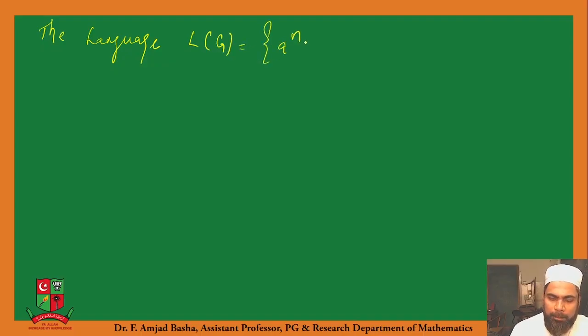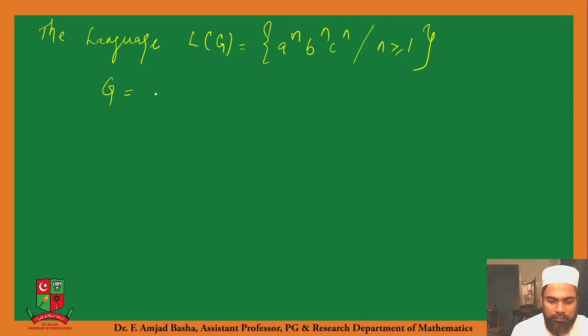The language A power n, B power n, C power n, such that n greater than or equal to 1, is generated by the following grammar.